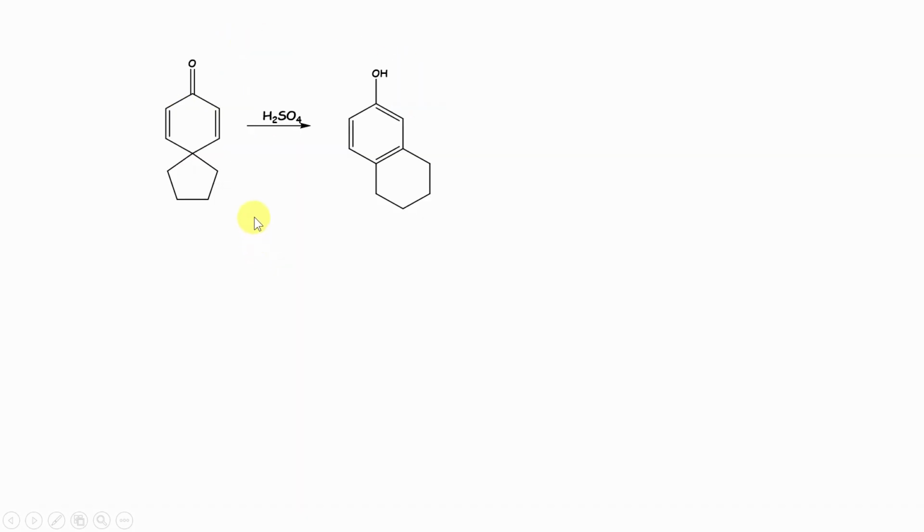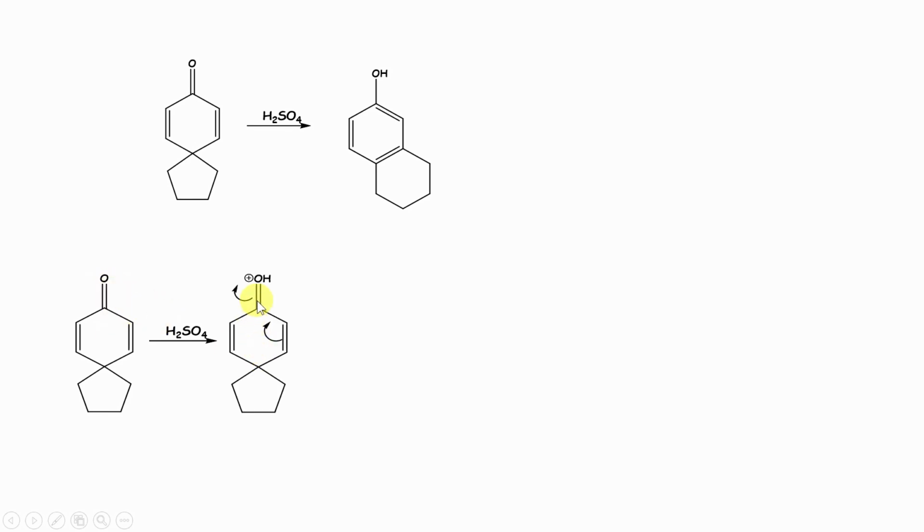Okay. See this dienone-phenol rearrangement. This dienone, on treating with sulfuric acid, gives this phenol. See the mechanism of this reaction. Sulfuric acid reacts with this dienone. First of all, protonation takes place, forming this protonated dienone. As in the previous case, shifting of pi electron towards oxygen leads to the formation of a secondary carbocation first.